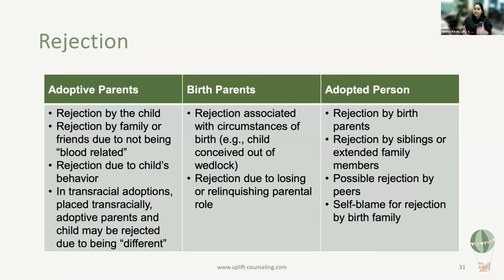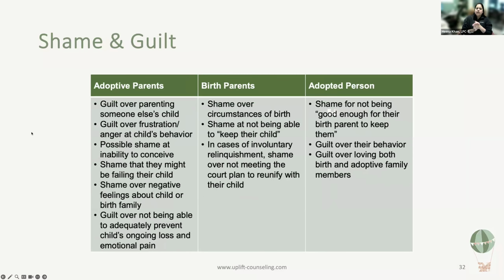And then for the adoptee, the experience or the perception of being rejected by birth parents, or siblings, by peers also, and then the narrative of I must have done something wrong. There's something about me that led to this adoption, that my birth parents didn't want to continue to keep me with them, right? Like that self blame for that rejection.